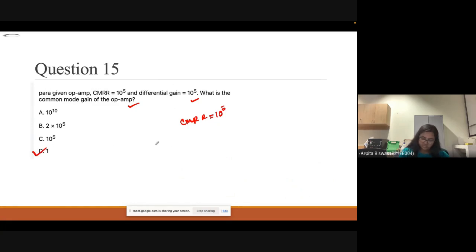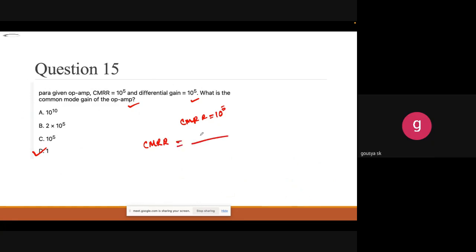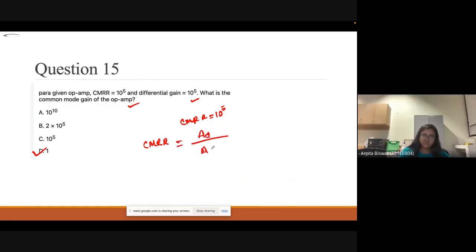How did we find it? What is the formula? CMRR equals AD by ACM, and it is infinite for an ideal op-amp.